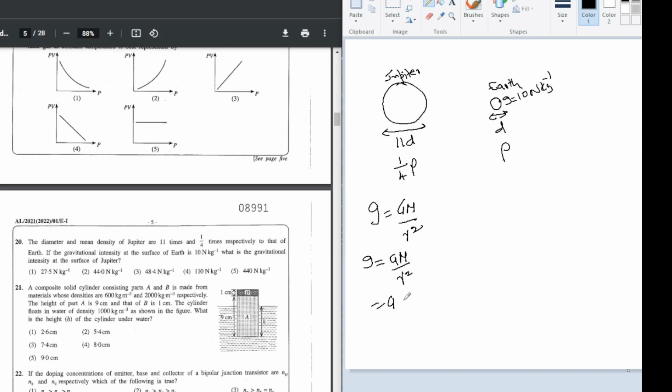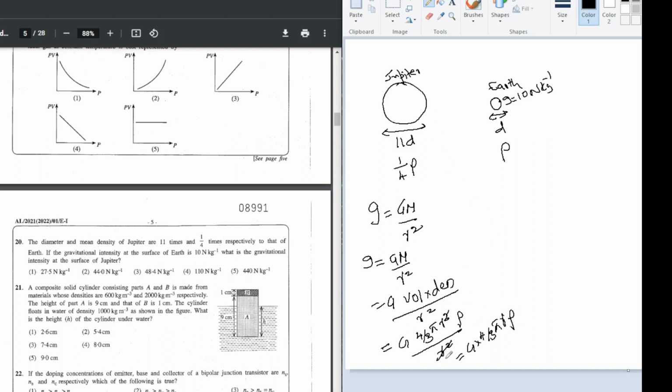That is G, capital M, mass is volume into density, divided by R squared, equals G, volume is 4 by 3 pi R cube and density is rho, divided by R square, and you get capital G into 4 over 3 pi, R cube, and 1 R remains there, R rho.